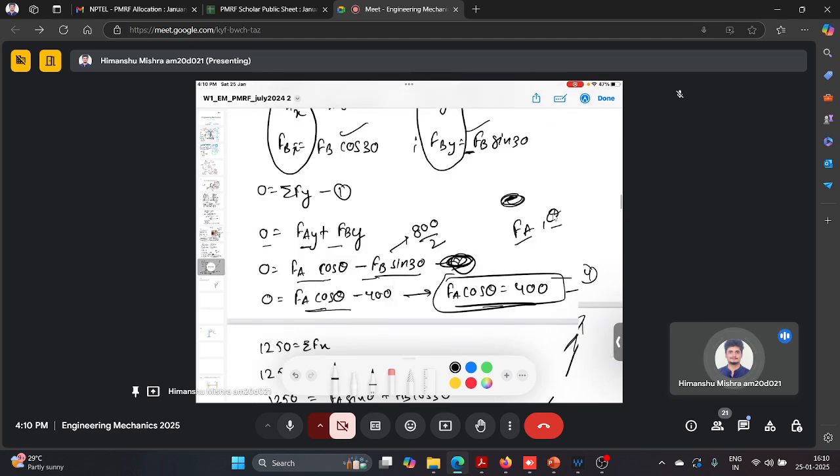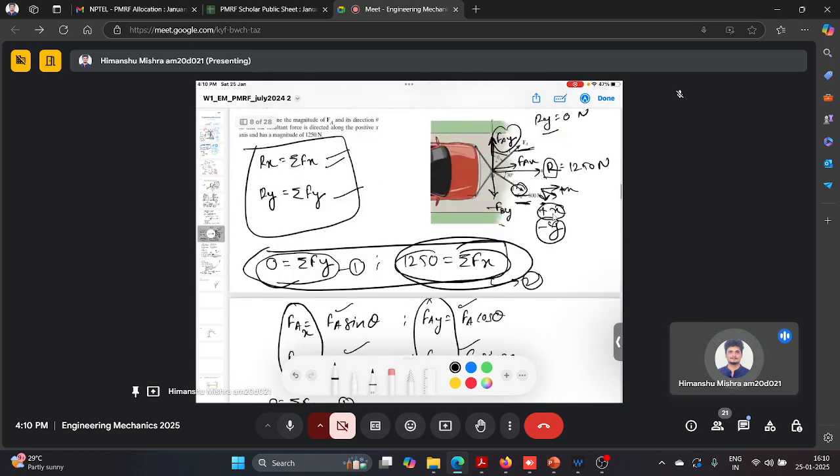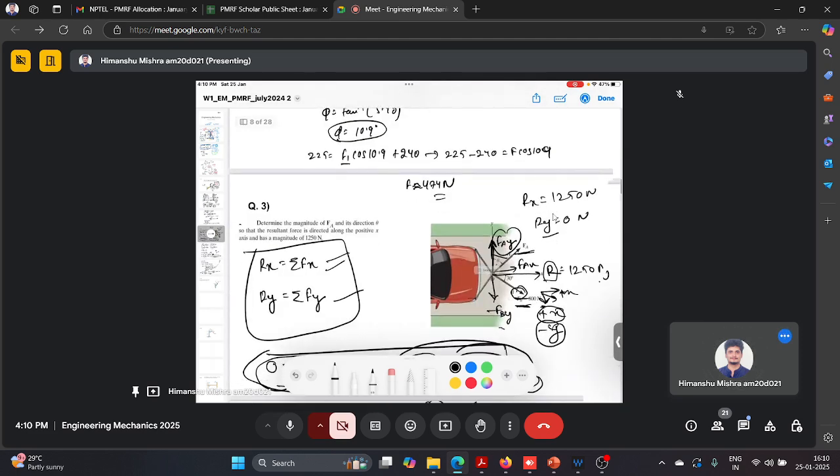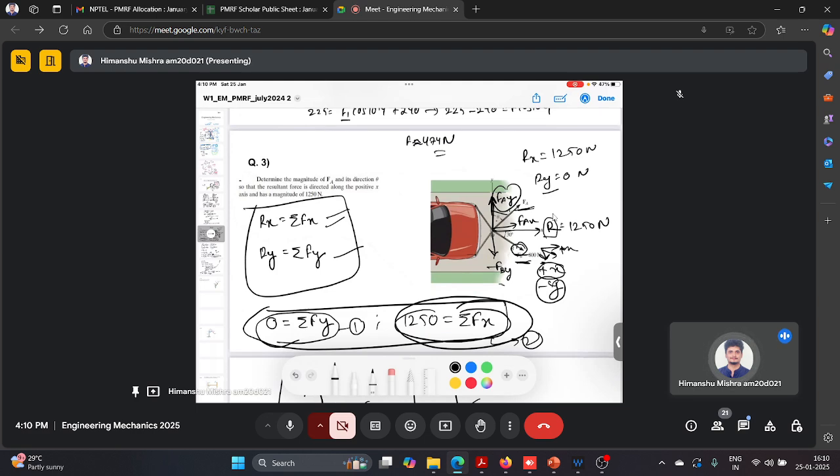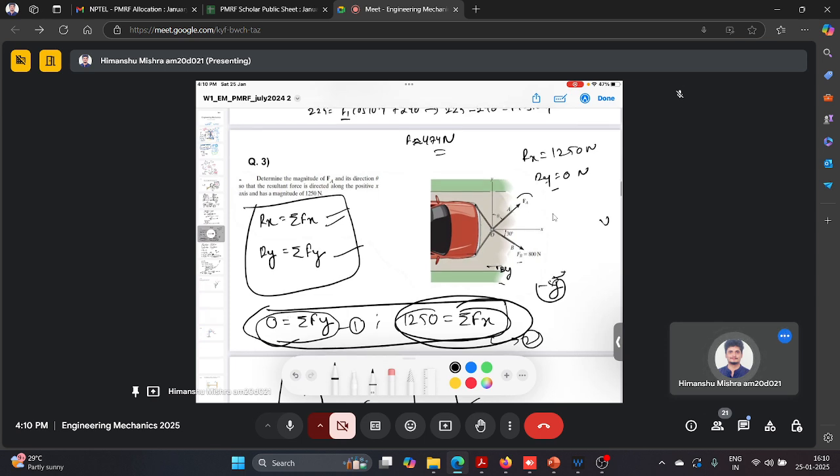You can see the concept was similar and even the steps were similar. It is just less complicated because instead of 3 forces we were given only 2 forces. So it's similar to the previous problem, where we have two forces Fa and Fb, the direction of the resultant force and its magnitude, and we were asked to calculate force Fa and the direction theta.